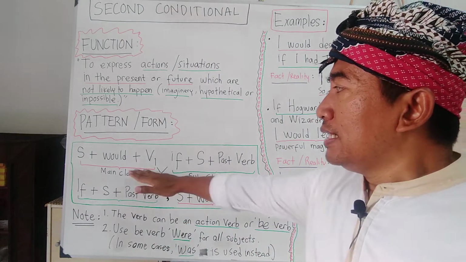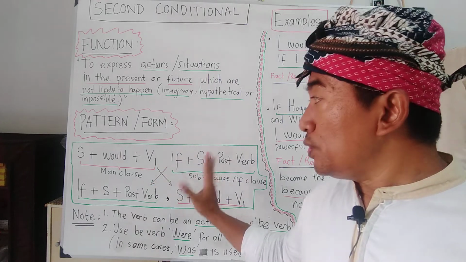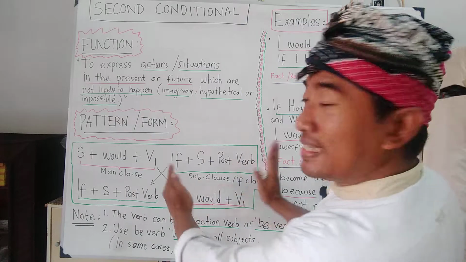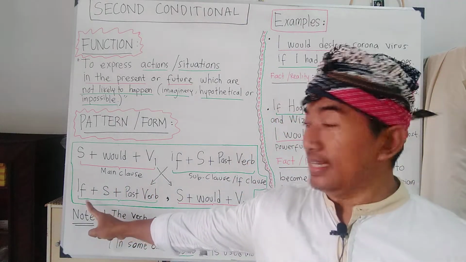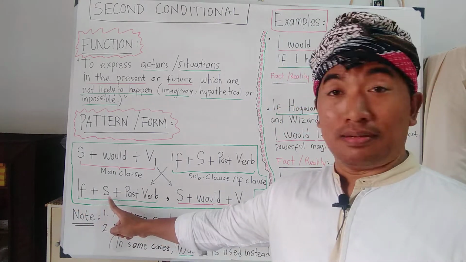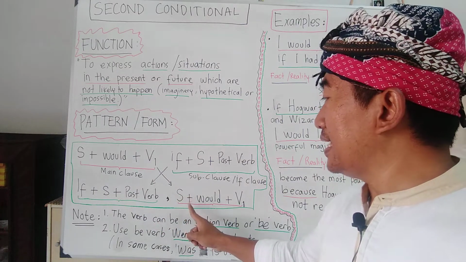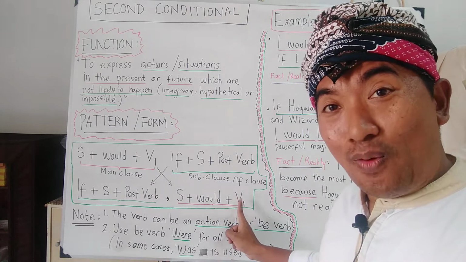Now, this is not the only pattern, okay? So you could use another pattern in which you reverse the if clause and place it at the beginning of the sentence like this. So it will become if subject, past verb, and then continue with subject, would, and verb 1.